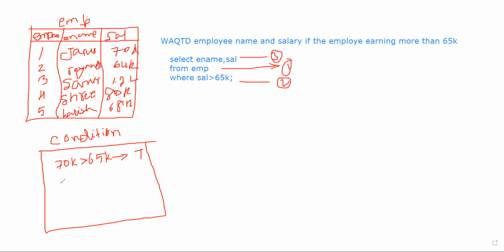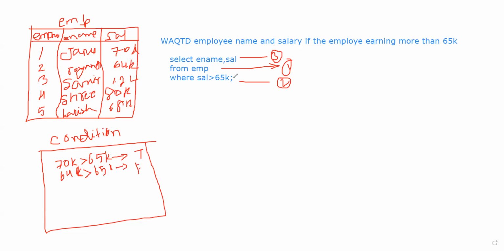Then what is the salary? This one? 64K. 64K greater than 65K. False. Okay, the condition is false.